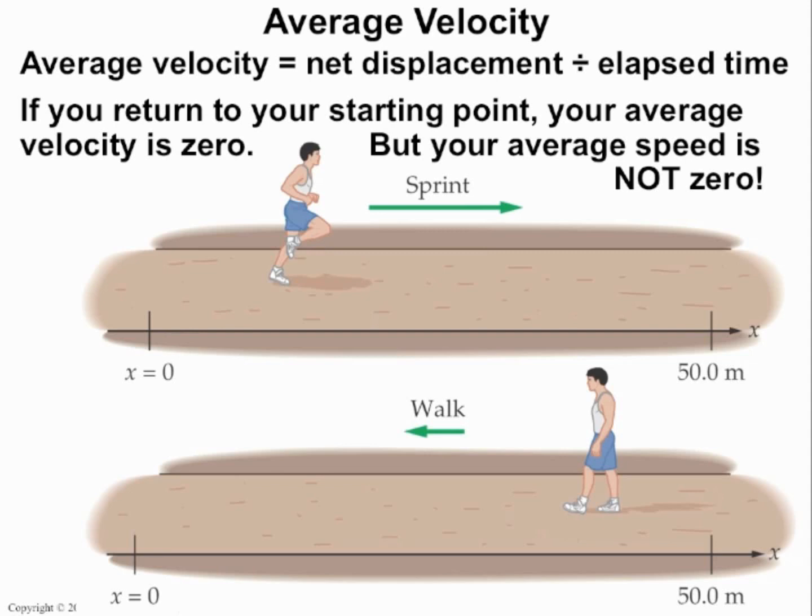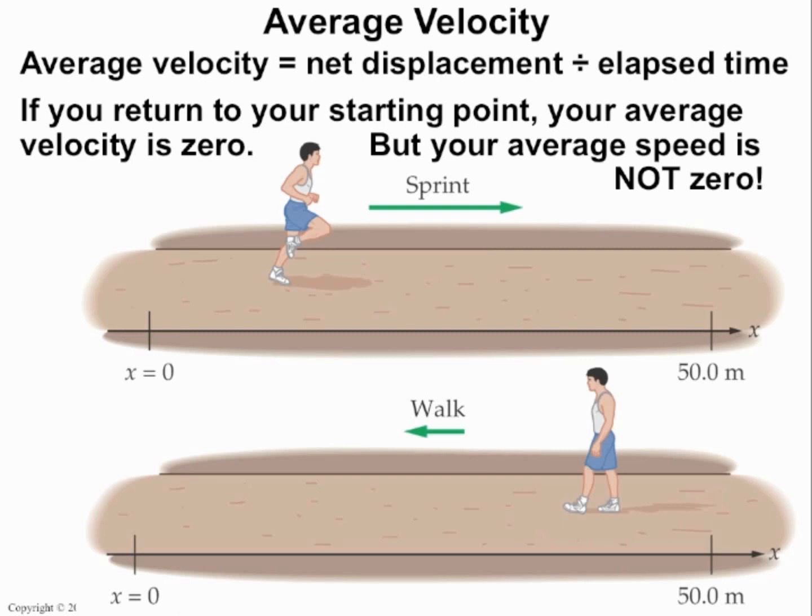Obviously you sprinted hard and then you walked back, and so you covered distance. But since your net displacement was 0, as we talked about before with that house and grocery store example, 0 divided by any elapsed time is still 0, and so your average velocity is 0.